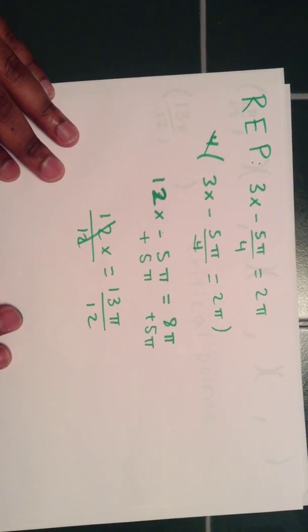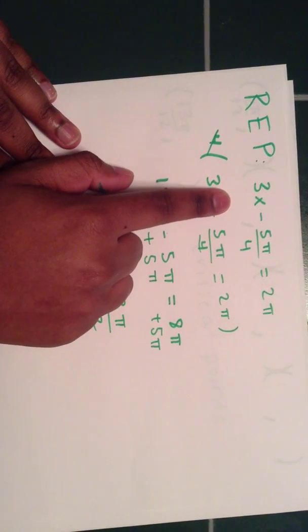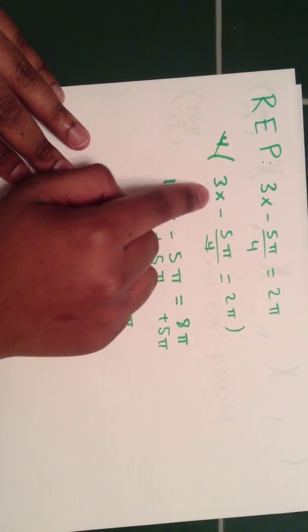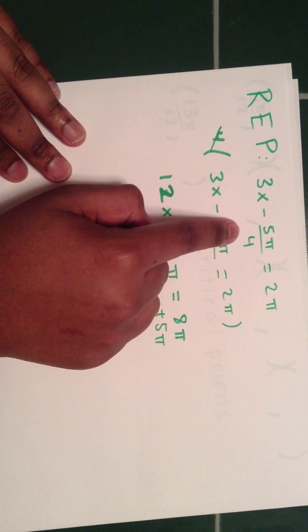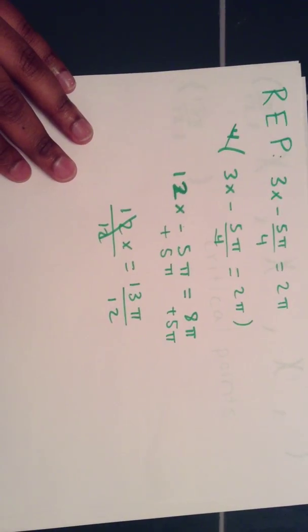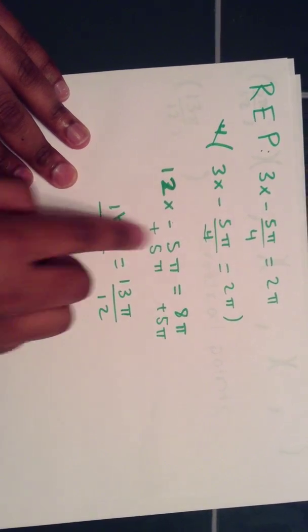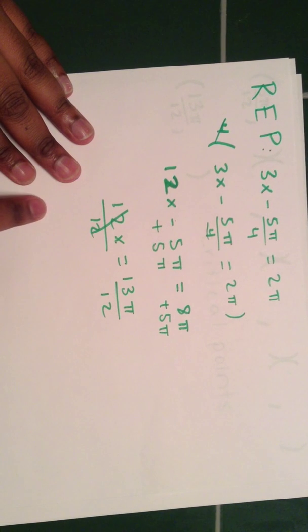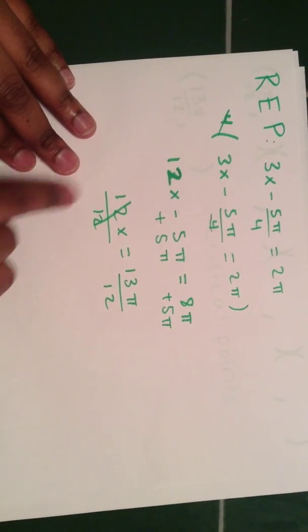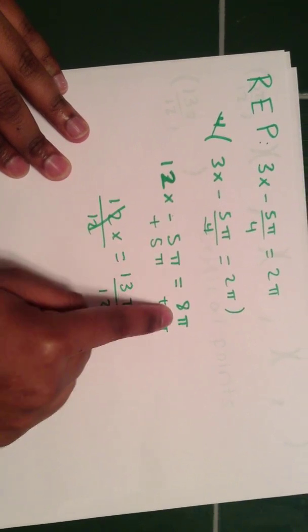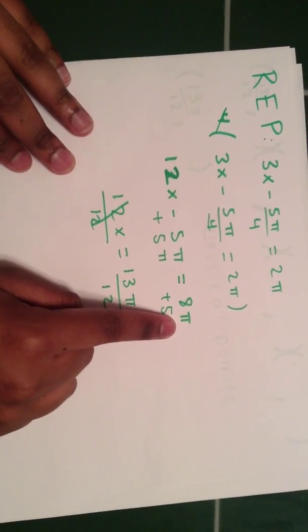And your right endpoint is bx minus c equals 2 pi, which will be 3x minus 5 pi over 4 equals 2 pi. As was done before, to cancel out that 4, you have to times the whole equation by 4. Okay? So then you will get 12x minus 5 pi equals 8 pi.